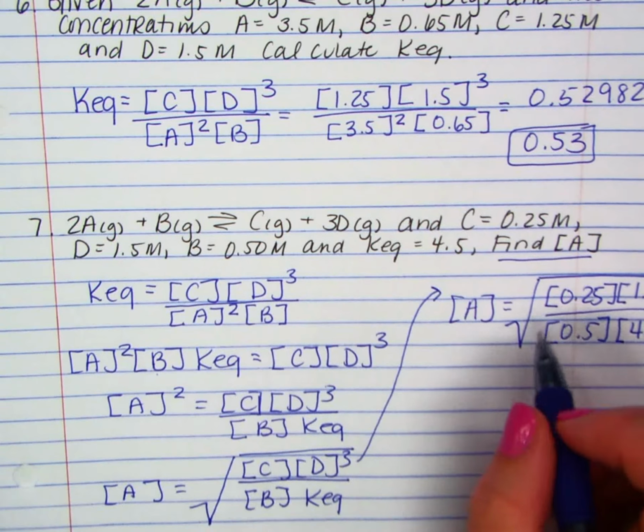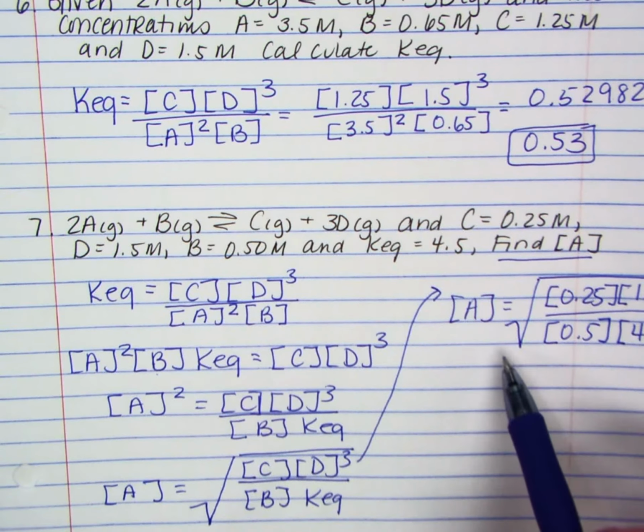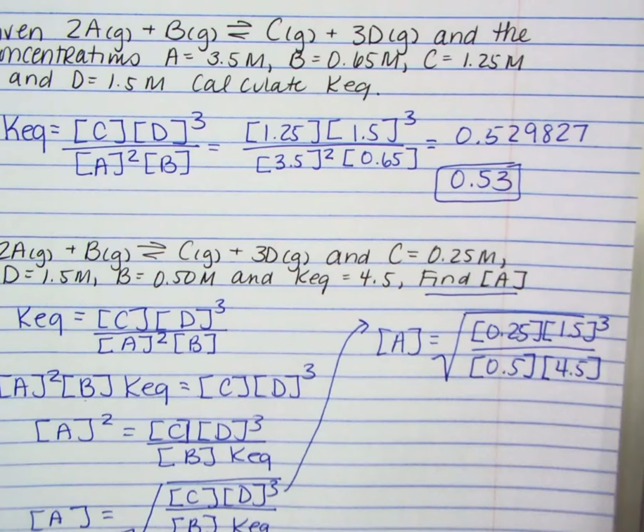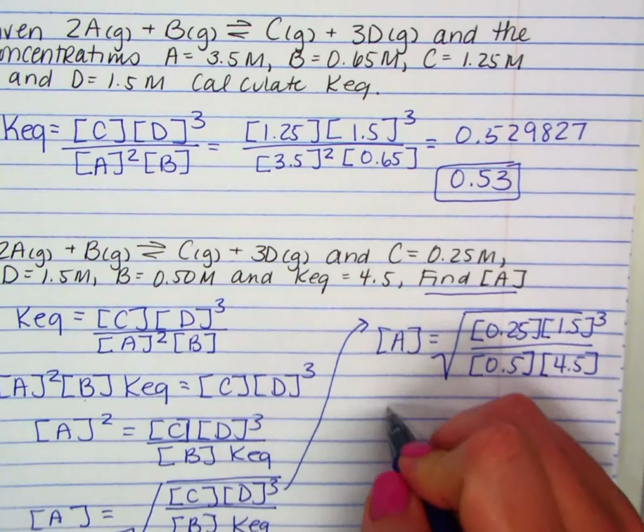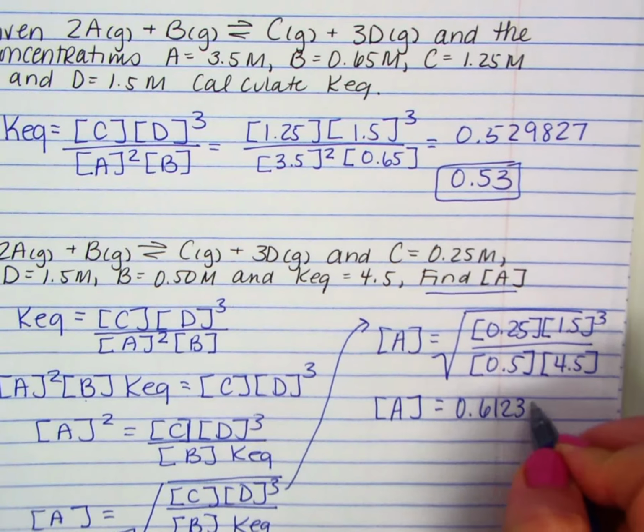Okay. I can plug it all into my calculator, and it doesn't matter if I do the division part first and then do the square root, or if I put it all in with the square root symbol first, you're still going to come up with the same answer. So I get into my calculator, 0.25 times 1.5 to the third divided by 0.5 times 4.5, and then I'm going to take the square root of that, and my answer comes out to be the concentration of A is 0.61237.